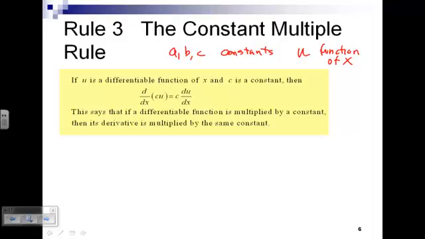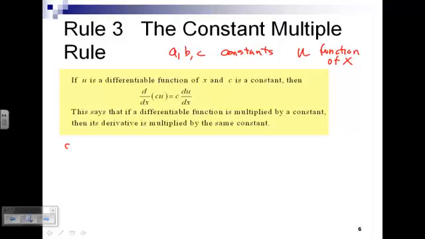This rule says that if I want to find the derivative of some constant times some function of x, it's equal to that constant times the derivative of that function. And this allows us to do a bunch more derivatives through the shortcut method.